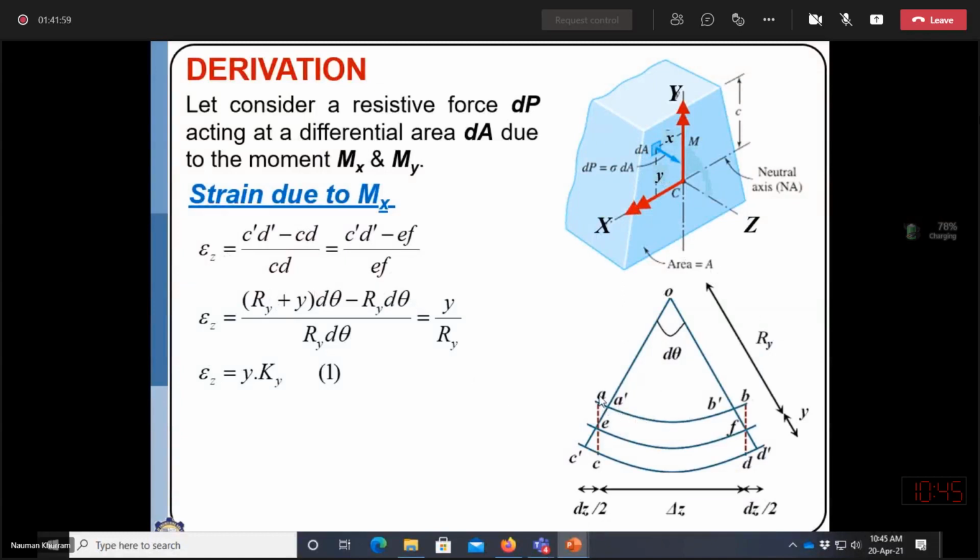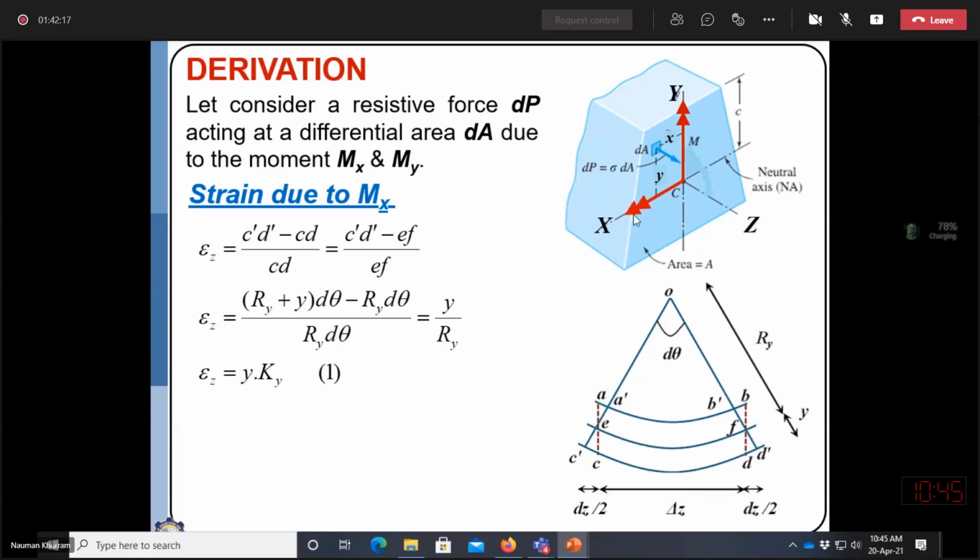So I told you that if we assume any cross-sections AC and BD, and both sections are apart by a differential distance delta z, which is very small, very close to each other.